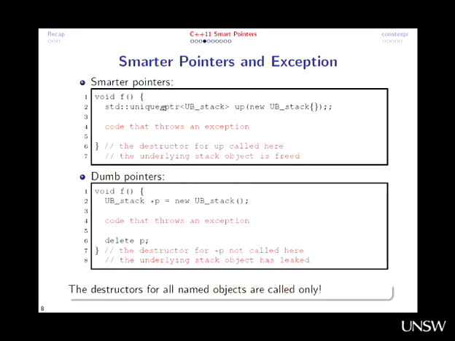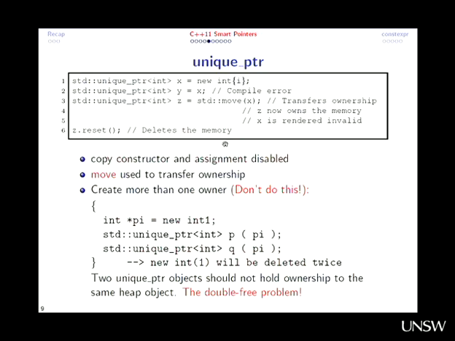On this slide, we have one named object, which is the unique pointer UP, and the unnamed object, UB stack. On the next page, we have one named object being this int pointer, and one unnamed object being this new int up on the heap.